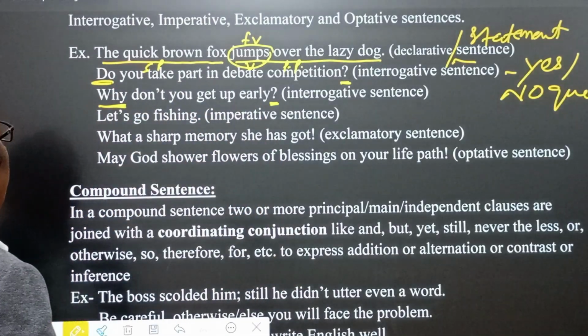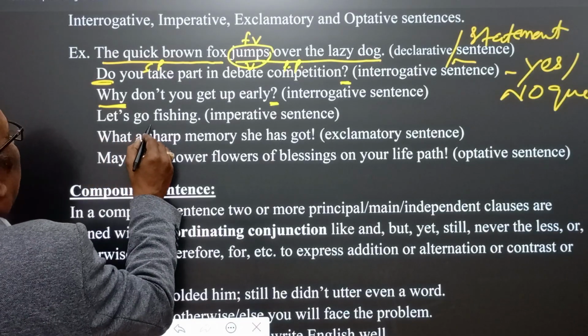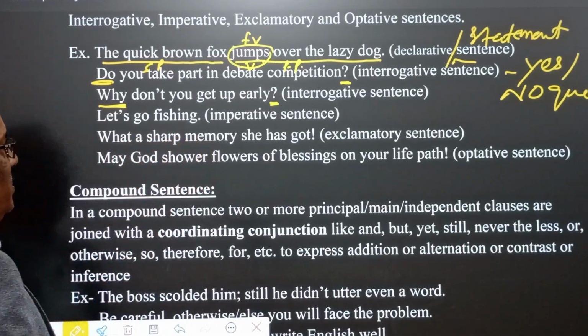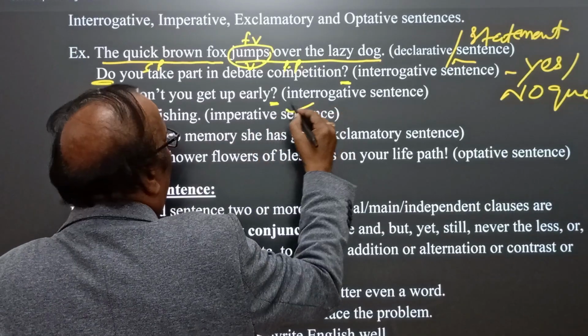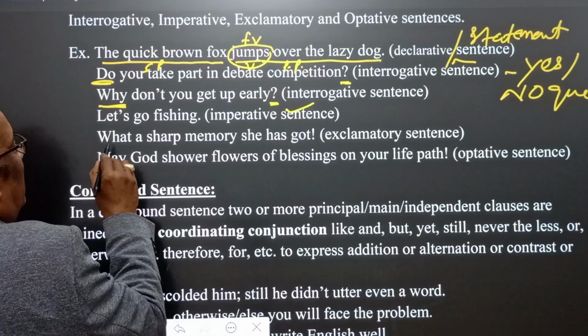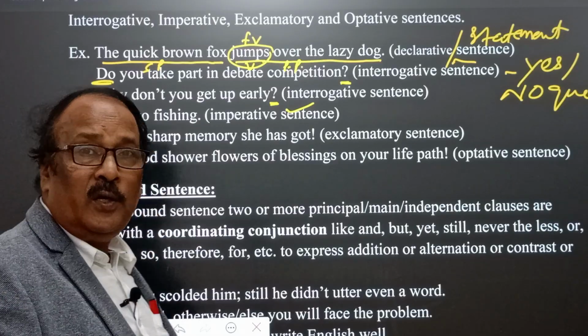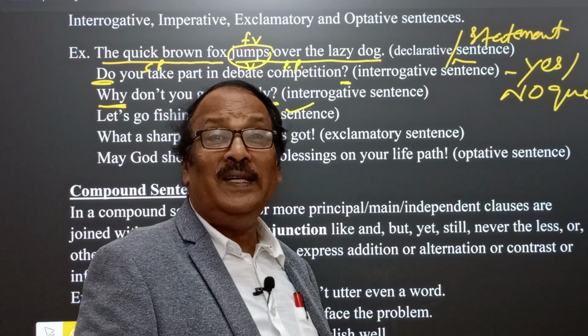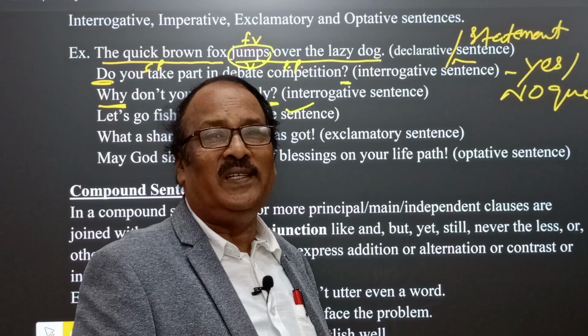And here we find, let's go fishing. Let's go fishing, imperative sentence. This is also a simple sentence. Here we find the sentence is expressing a suggestion.